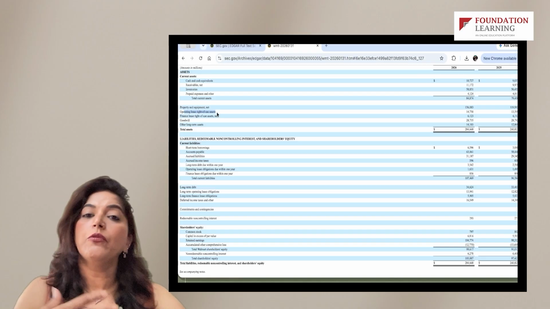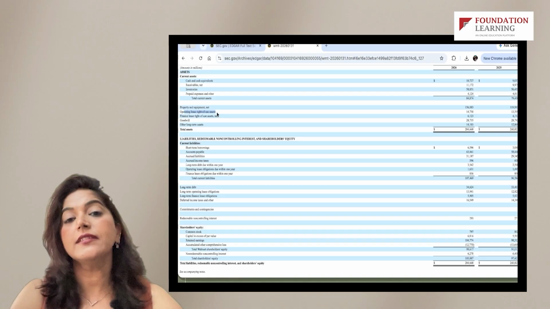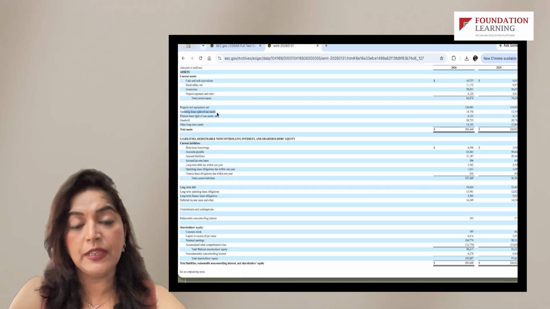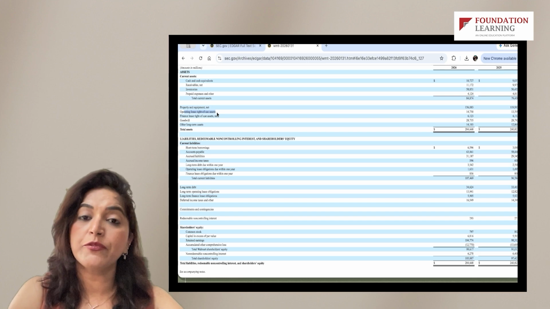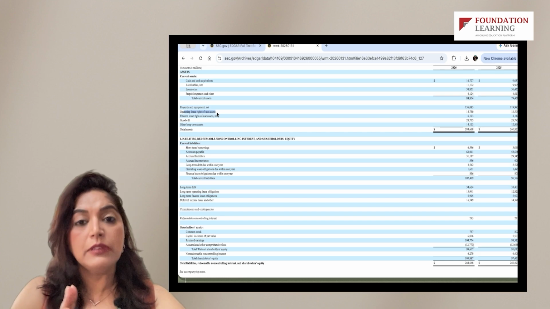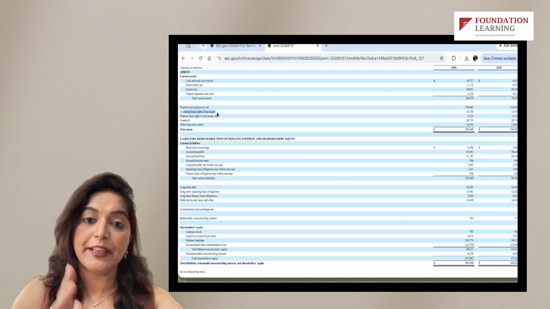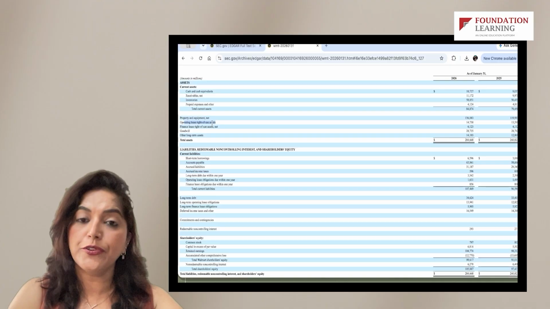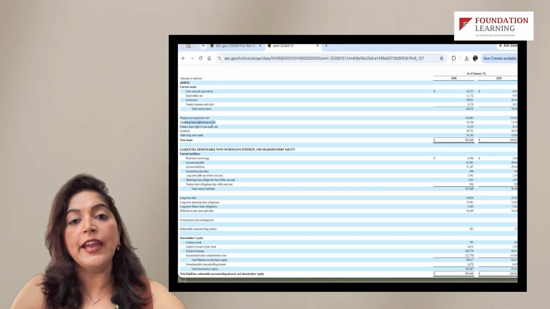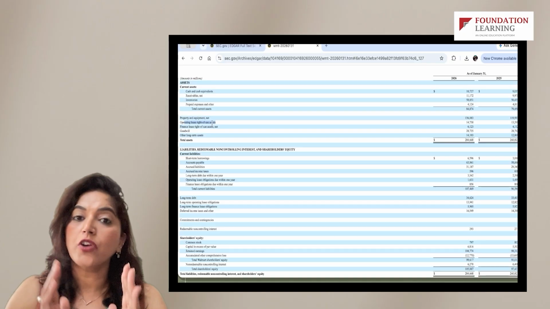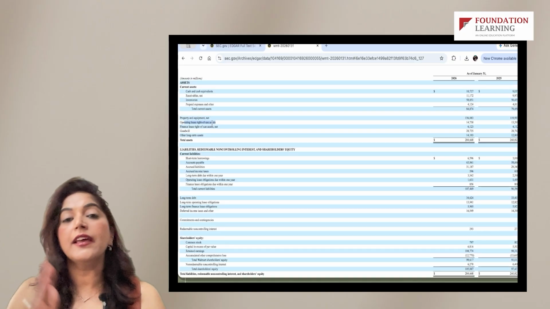So what SEC has done over the years is it has tried to plug in the gaps the company would have had in terms of their reporting, wherein they can show a liability which they have as expense. So the idea of showing the operating lease right of use asset is that we are trying to show even those assets which the company is using for a short period of time in their balance sheet.